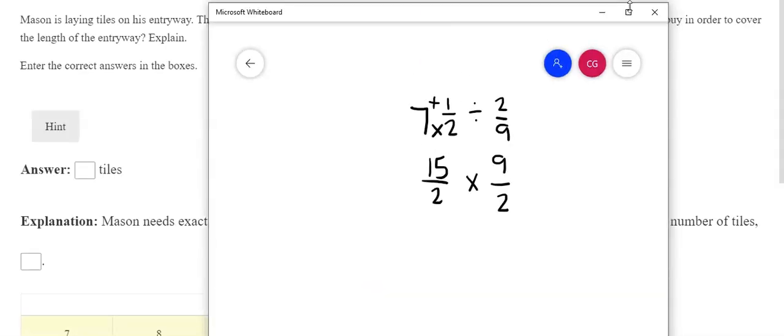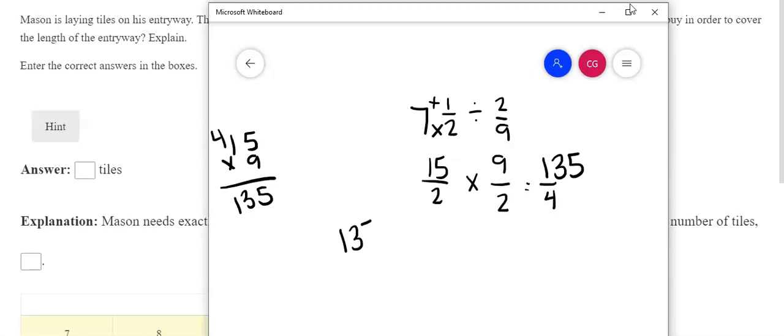We cannot cross cancel, unfortunately. So we're going to be multiplying across. I'm going to do the bottom first. 2 times 2 is 4. Now we're going to do 15 times 9. 5 times 9 is 45. 9, 10, 11, 12, 13. And take 135 divided by 4.